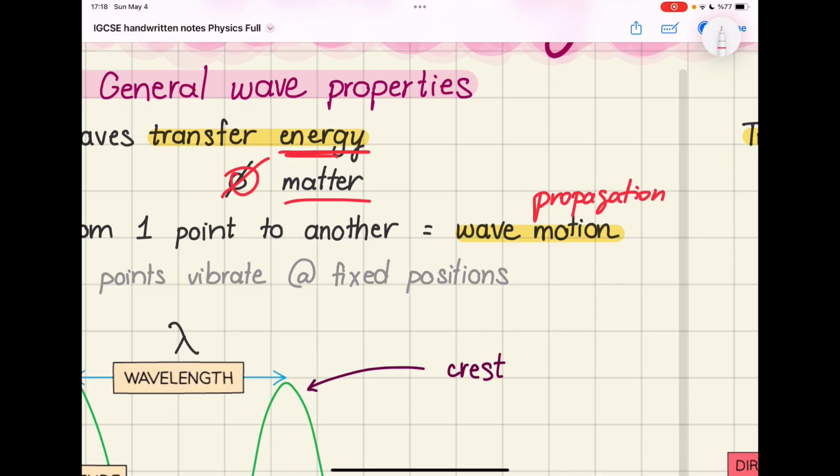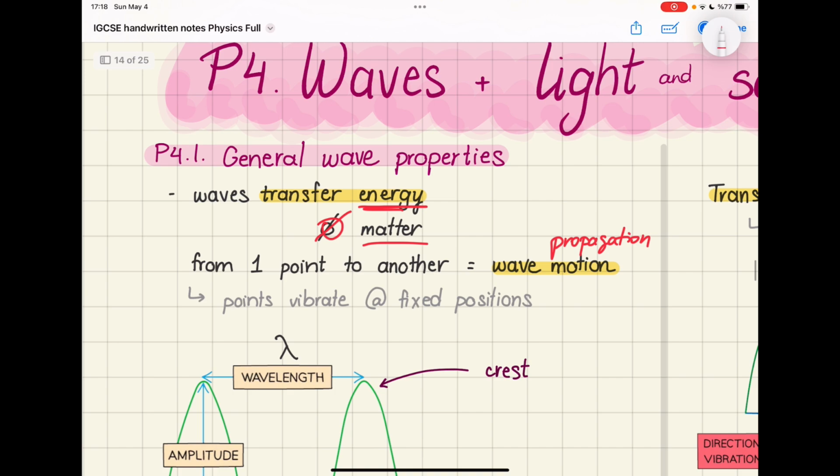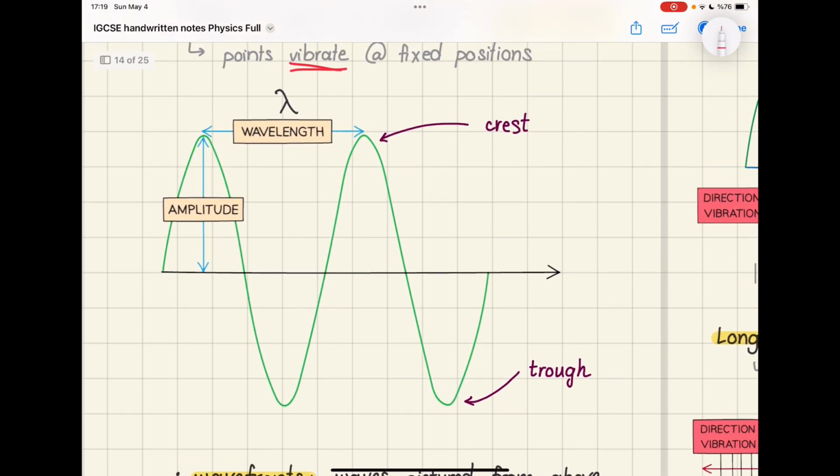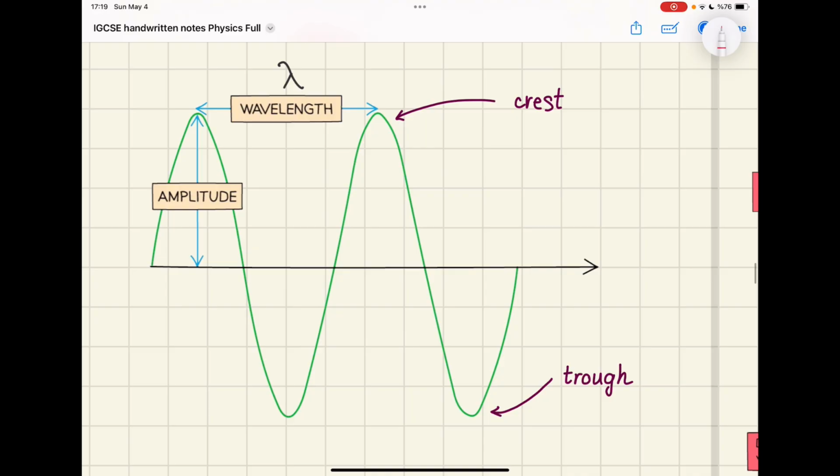Waves propagate. They do not necessarily move, because the points are vibrating or oscillating at fixed positions. We have two different types of waves in the way of their propagation.